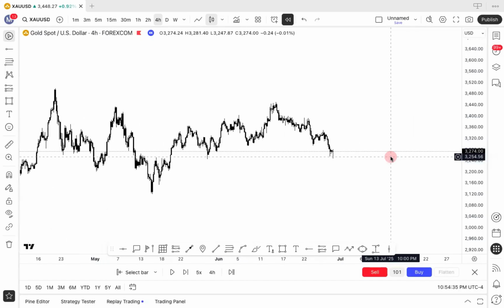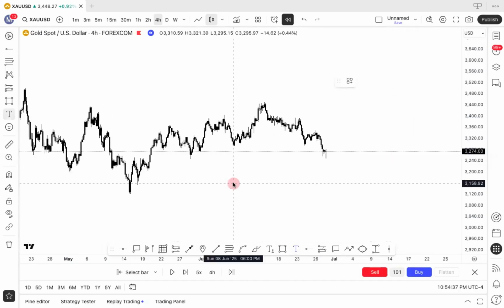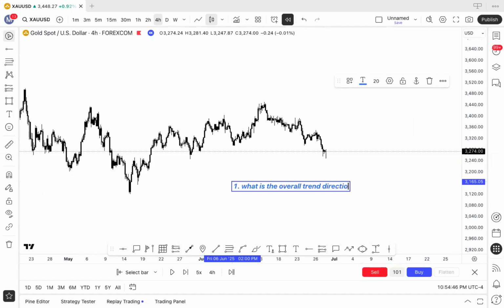So you can ask yourself a couple questions on the higher time frame. What is the overall trend direction when we zoom out? What is the overall trend direction of current structure?